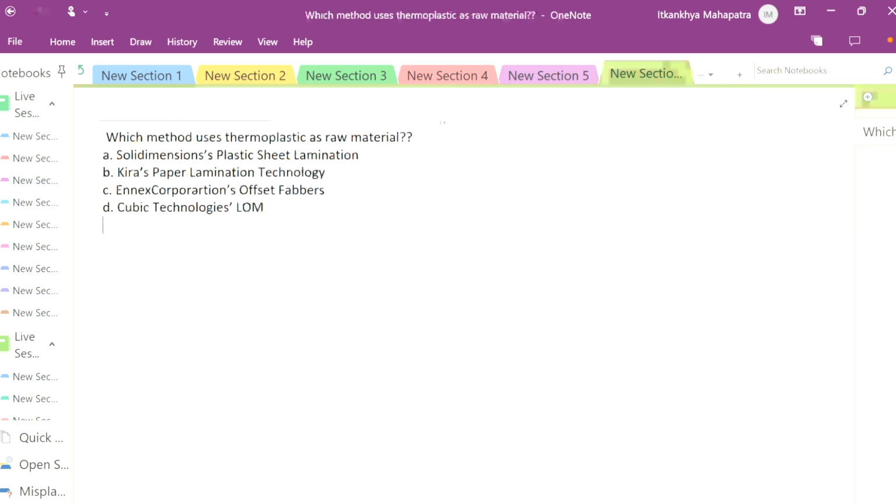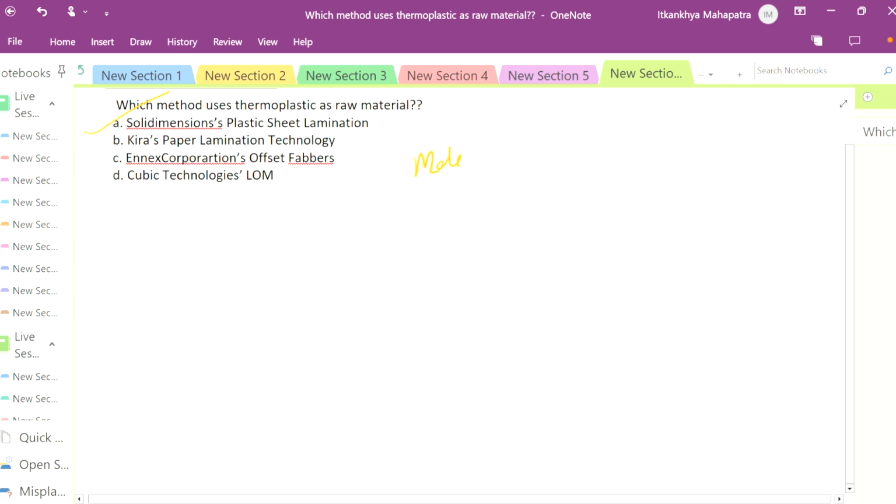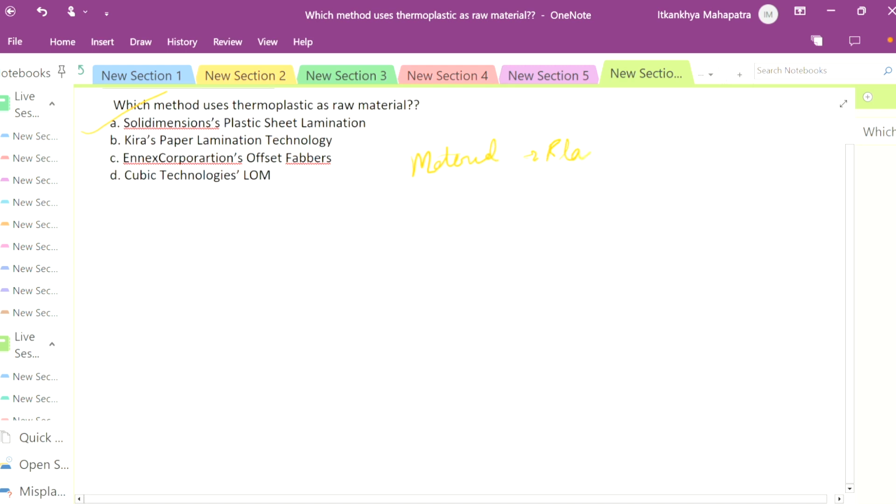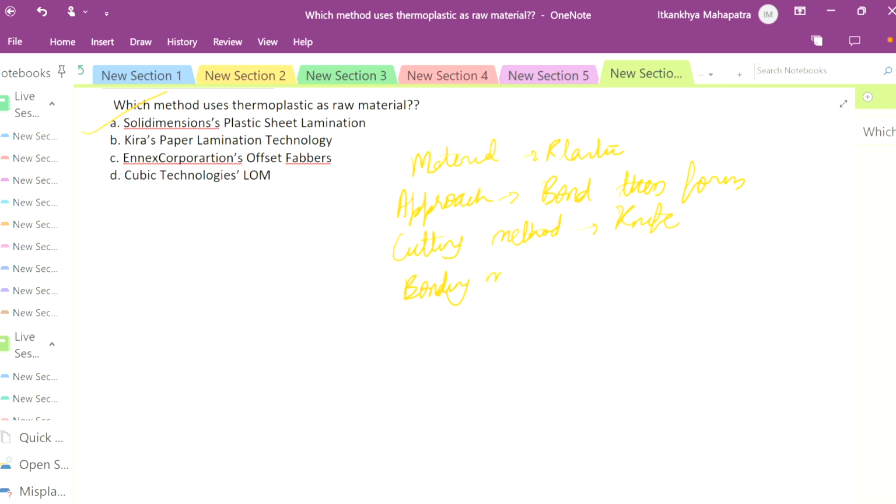Now, the next question. Which method uses plastic as raw material? This is a very easy question. The method is solid dimension plastic sheet lamination, where the material was plastic, which we saw. Approach is bond and form, cutting method was knife, bonding method was additive, and joining region was selective.